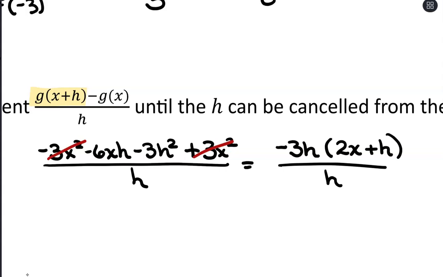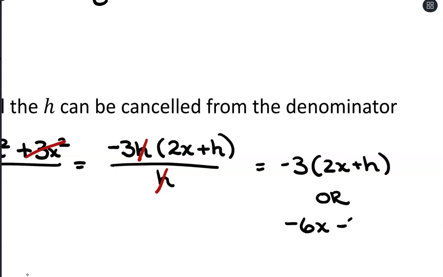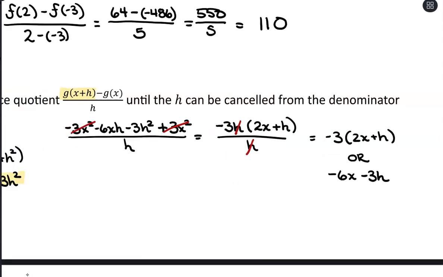And now we can cancel those h's out because we factored it out. So it can divide away. So we're left with negative 3 times 2x plus h. And you can leave it like that, or you could distribute it back in, negative 6x minus 3h. Both of those would be good answers there.